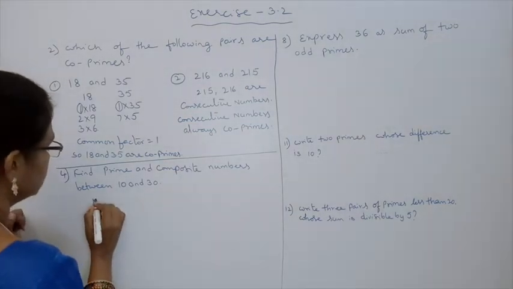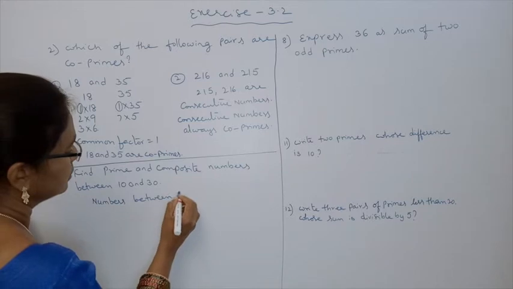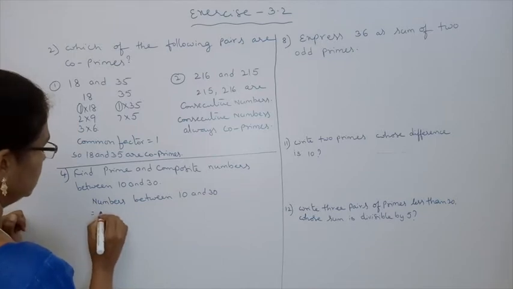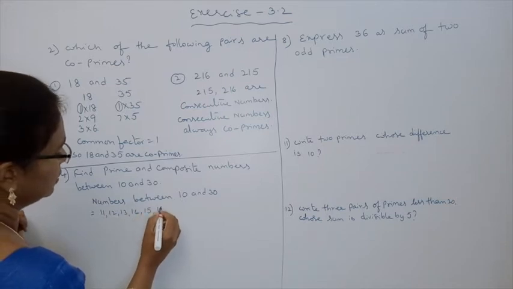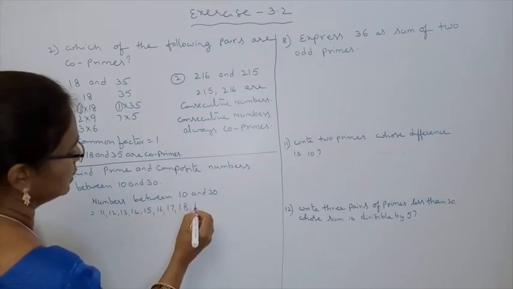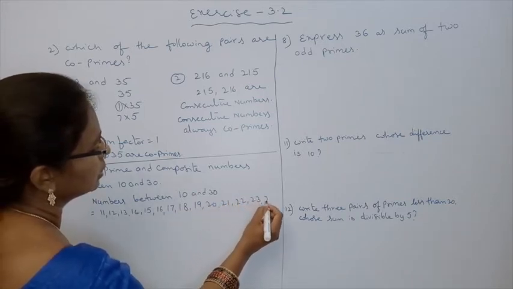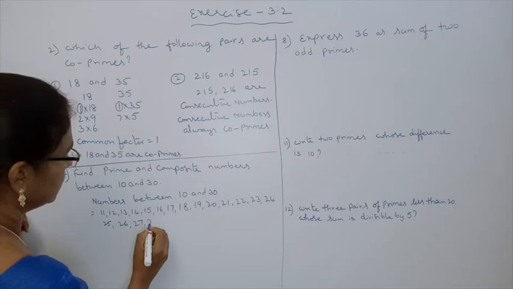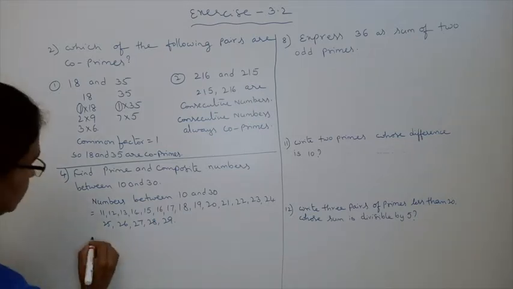Numbers between 10 and 30 are 11, 12, 13, 14, 15, 16, 17, 18, 19, 20, 21, 22, 23, 24, 25, 26, 27, 28, 29. Now from this, we have to write which are prime and which are composite.